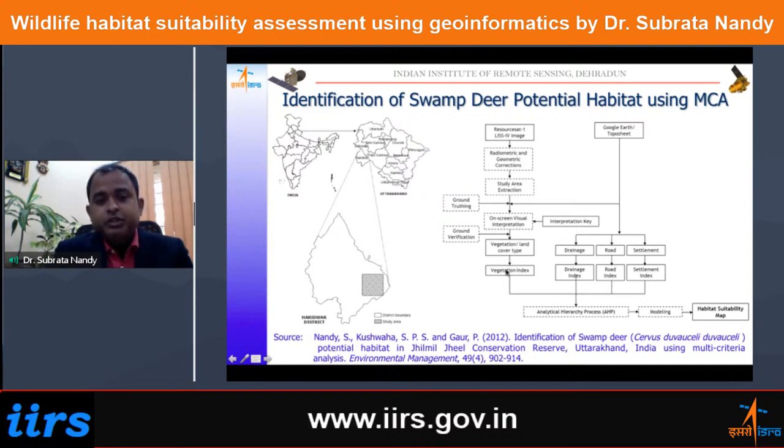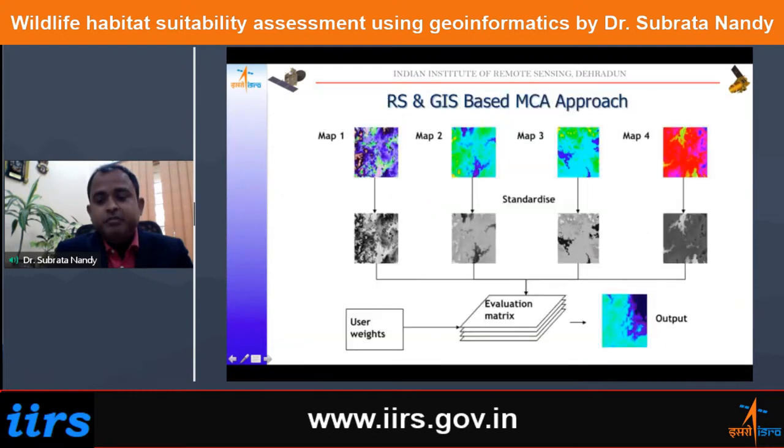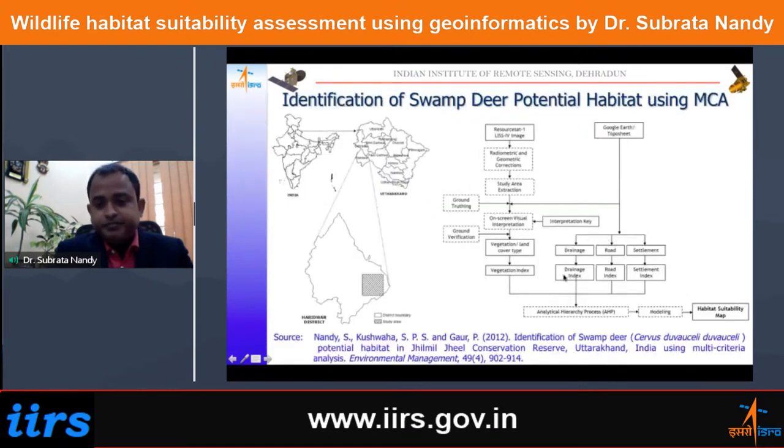Based on the suitability for this animal, these layers were standardized into a vegetation index map, drainage index map, road index, and settlement index, and ultimately they were combined using the analytical hierarchy process. Through this, weights were calculated, and after this modeling, the habitat suitability map was generated.